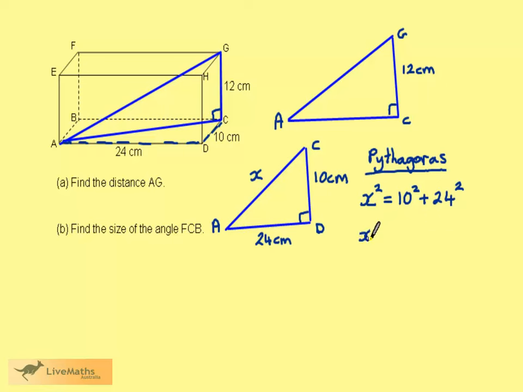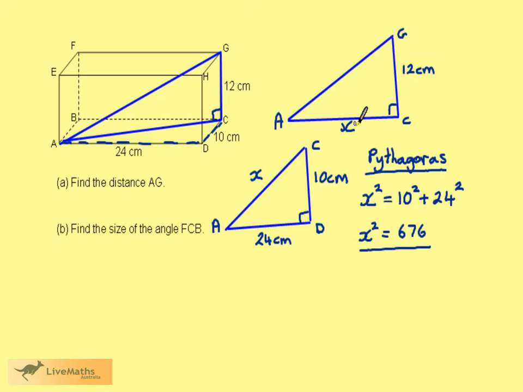Calculating, this gives us that x squared is equal to 676. There's actually no need for us to find the value of x. It wasn't a requirement of the question, and as you'll see, we're just going to use the value of x squared anyway, so we don't need to work out x.